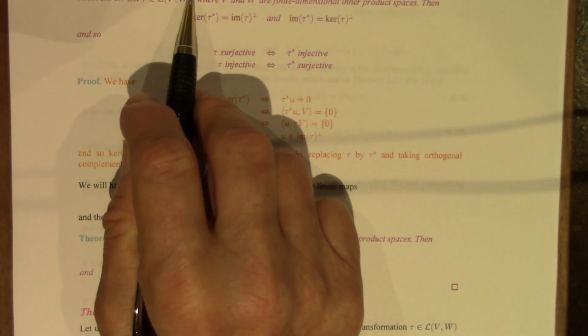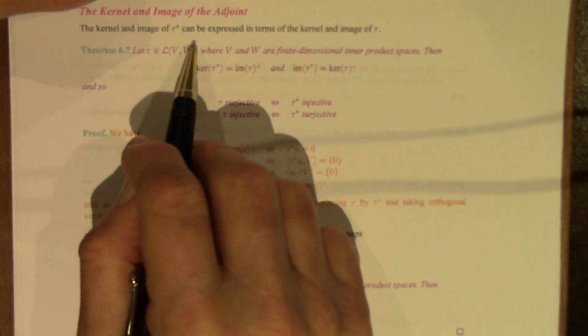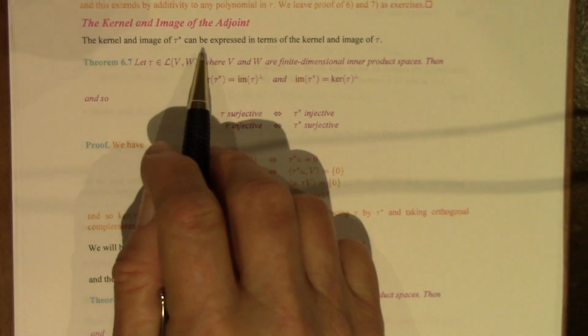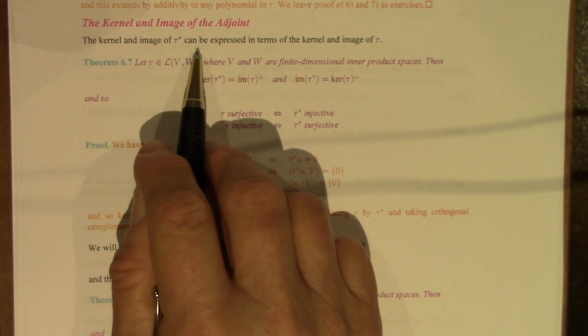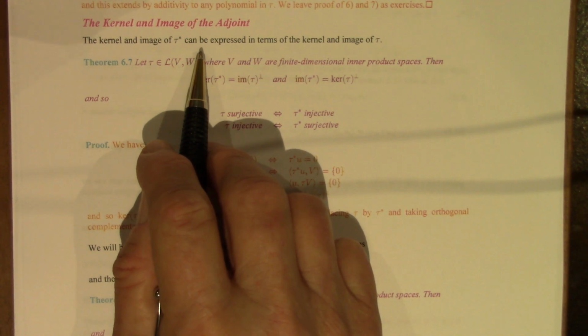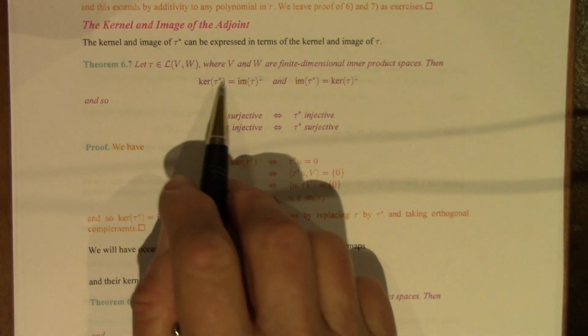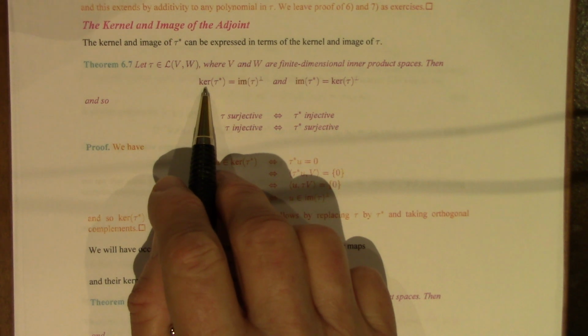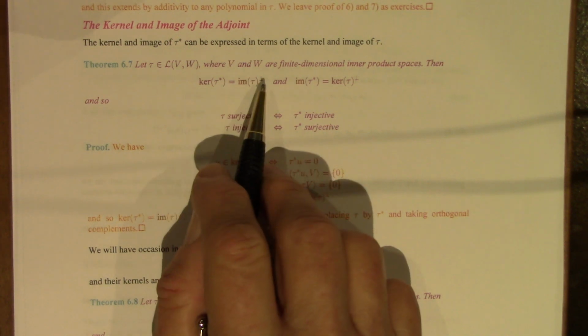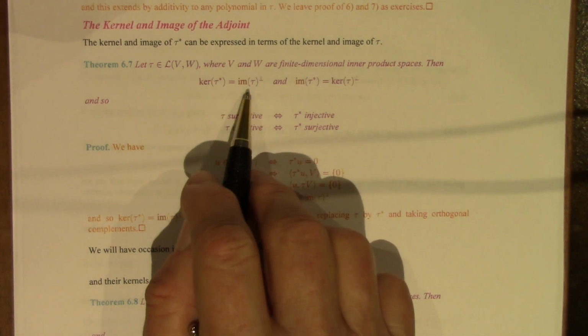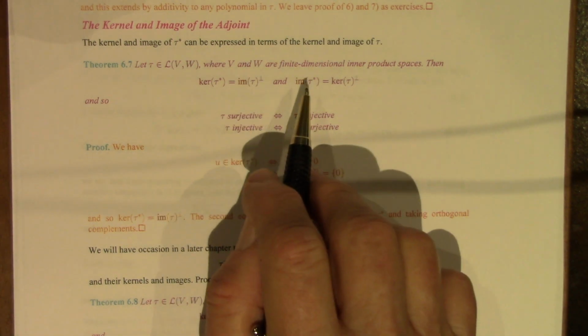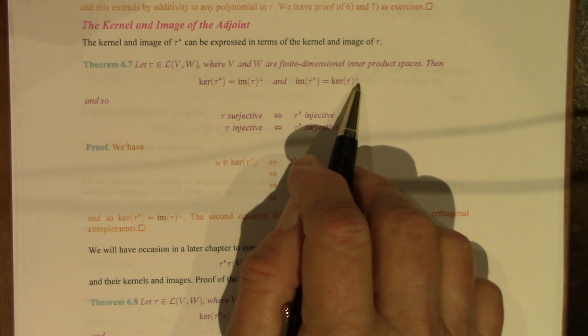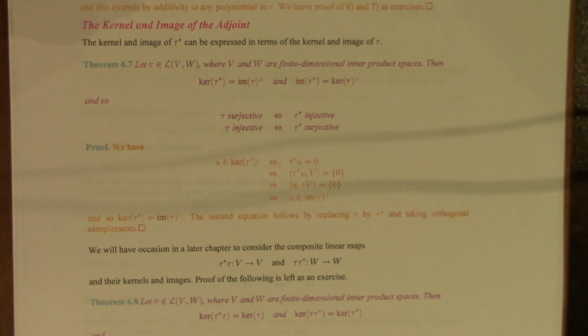Anyway, the kernel and image of the adjoint are in fact related, as you would expect, I suppose, to the kernel and image of tau. And here's the relationship. The kernel of tau star is the orthogonal complement of the image of tau, and the image of tau star is the orthogonal complement of the kernel of tau.